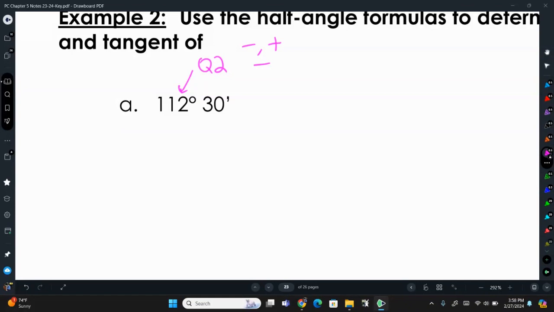So then what we'll need to do is figure out how we can change 112 degrees and 30 minutes into an angle that we can use in this formula. Well, there are 60 minutes in a degree, so 30 is half of that. So this is really 112.5 degrees.